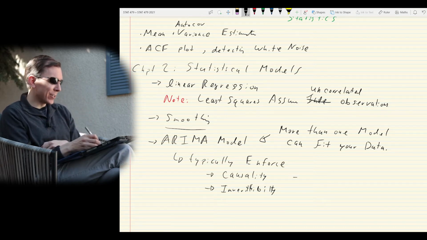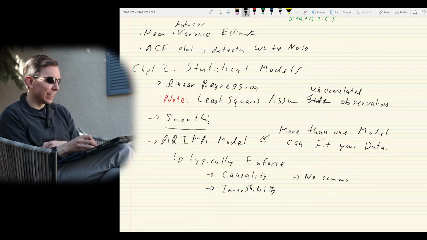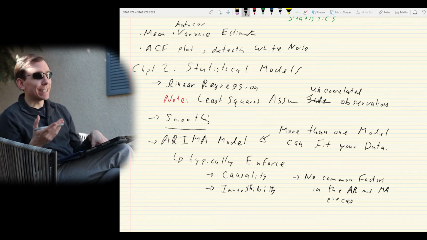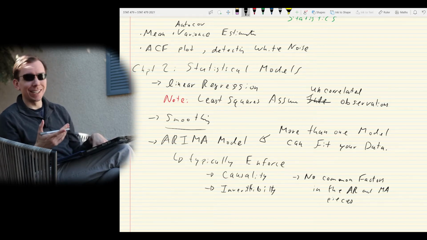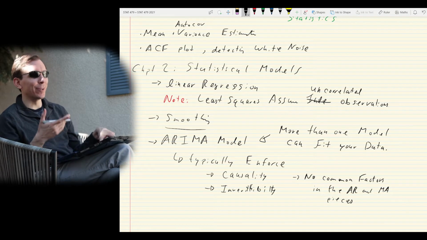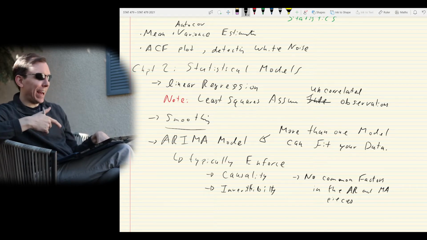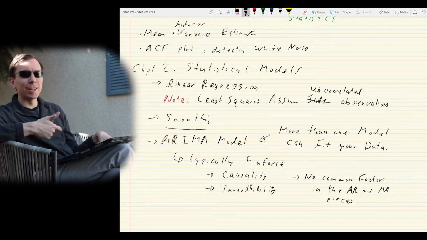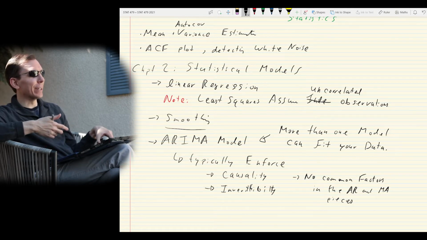We also want to make sure there are no common factors in the AR and MA pieces. Right, because in that case, it's almost like having your model in lowest order or lowest terms. If you have common factors, that's going to cause problems when you go to look at things like the characteristic polynomial.